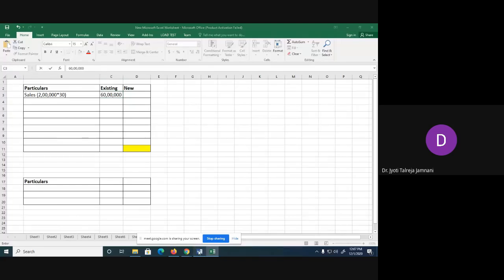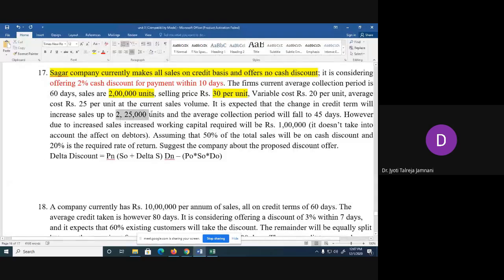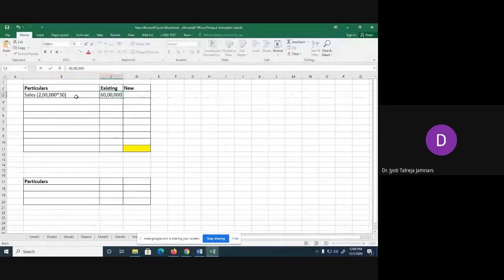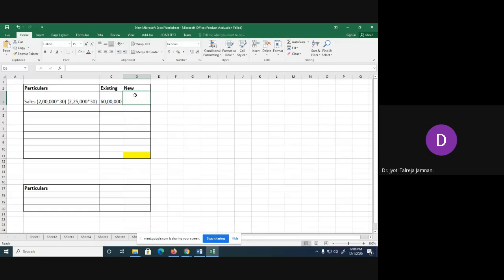And new sales are 2,25,000 units. And the selling price remains the same, that is 30. So for new sales, 2,25,000 units into 30 selling price, we'll get 67,50,000 as sales.